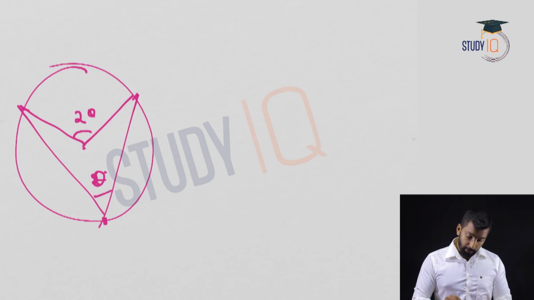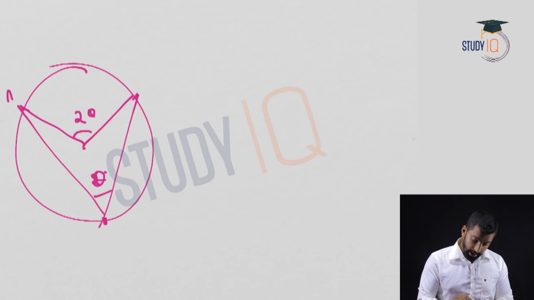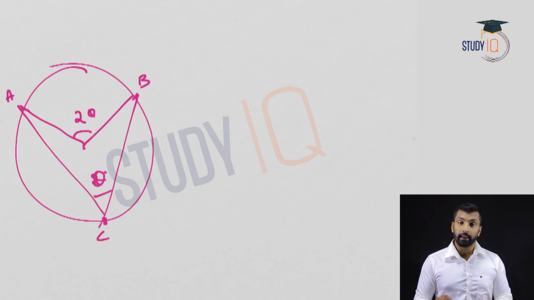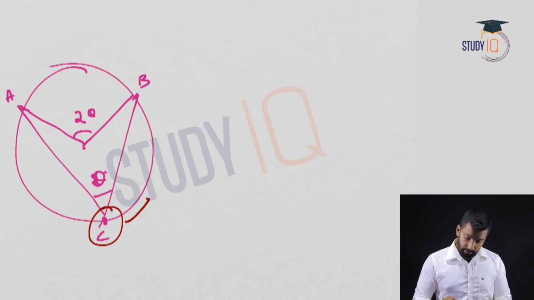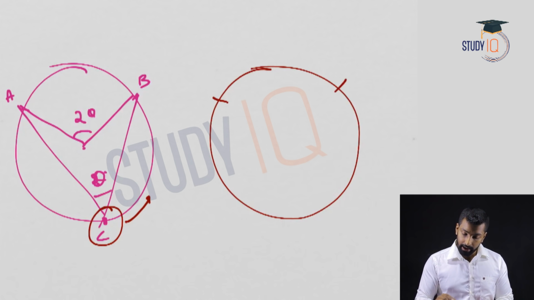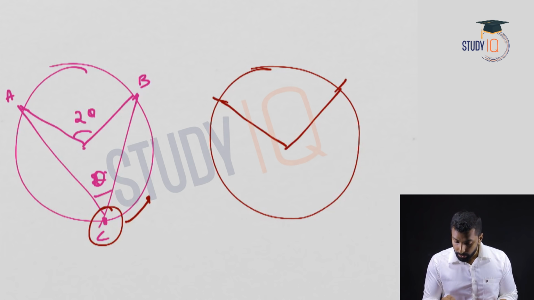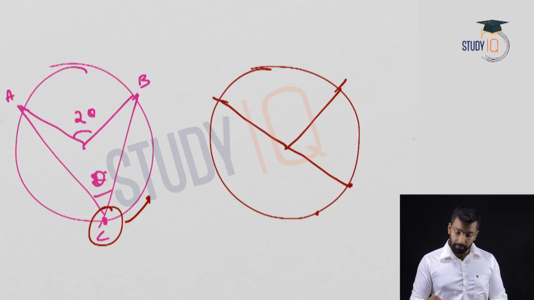Let's mark these as A, B, C. Now this point C, if you shift it to your right a bit more, what will happen? The same arc, I'm not changing that, and the radius is like this. Earlier it was here, and I shifted C to this point D.